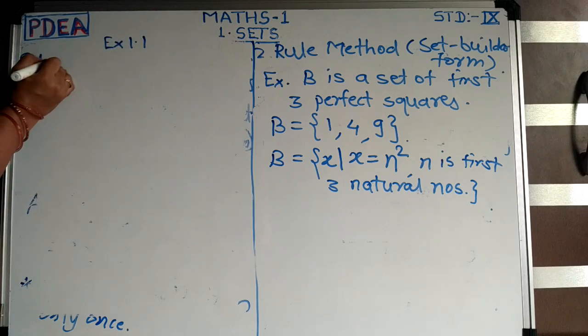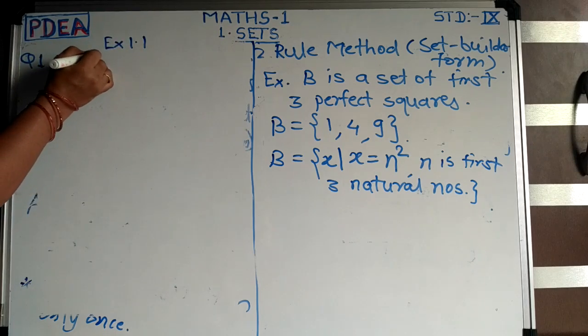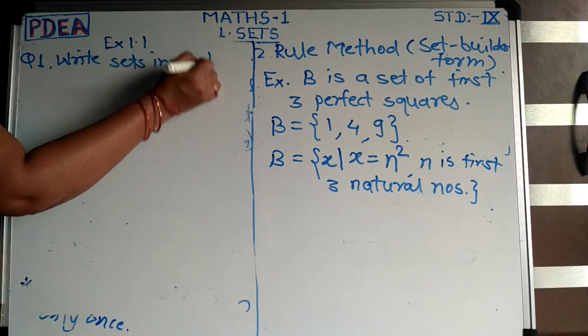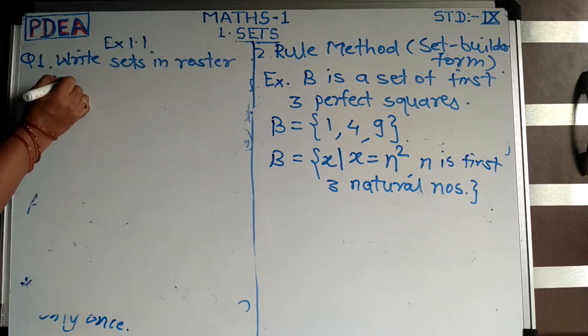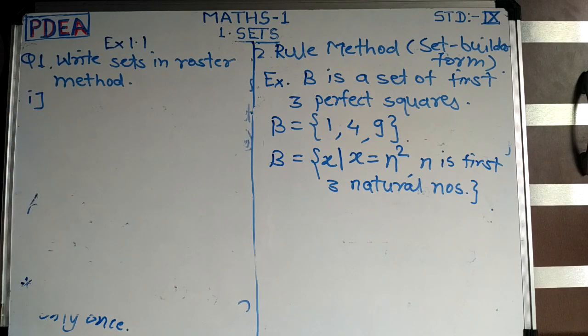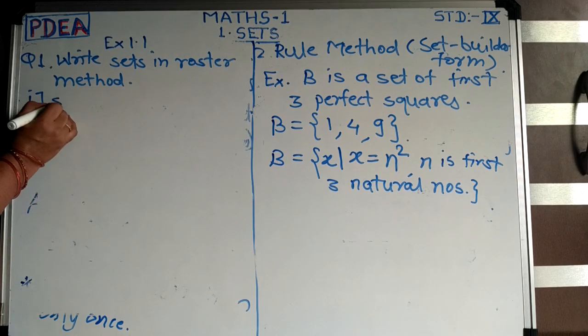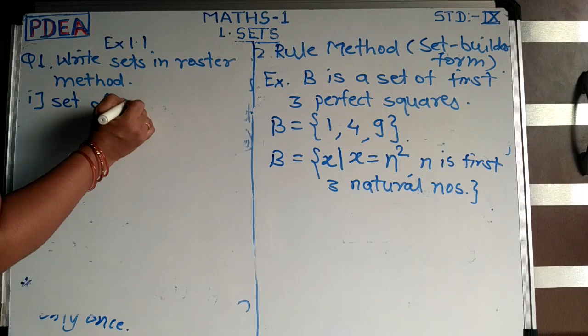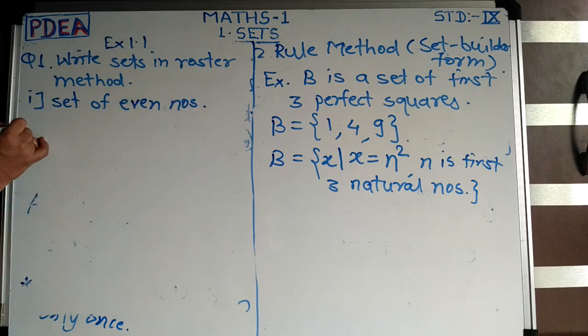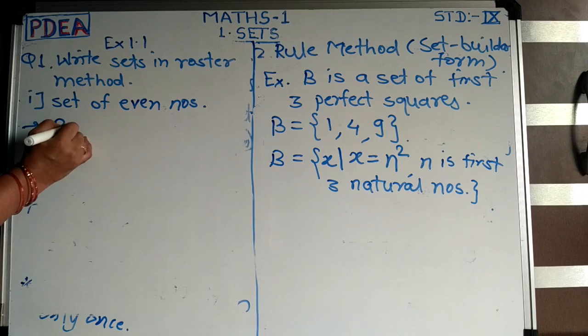First example, the set of even numbers. The set of even numbers is denoted by any capital letter.